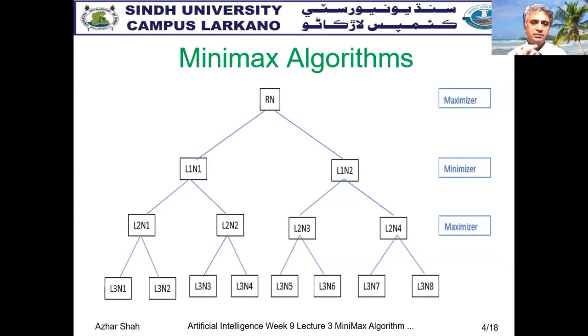The root level is the maximizer level, and then the minimizer level, and then the maximizer level, and then the minimizer, and this goes on recursively, continuously. Then on the left side you see L2 means level 2, node 1, then node 2, node 3, node 4. There are 4 nodes, and the nodes are increasing. This is a binary expansion. It could become an exponential expansion. Node 3 up to node 8, and then node 16, and then 64, and going on.